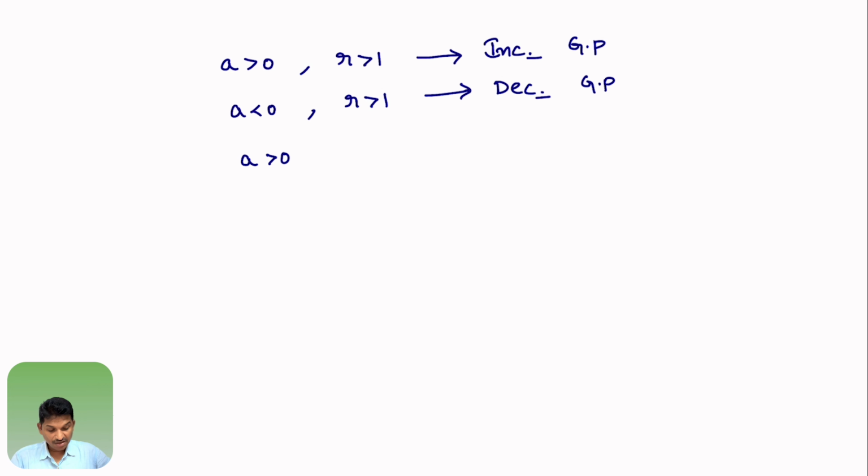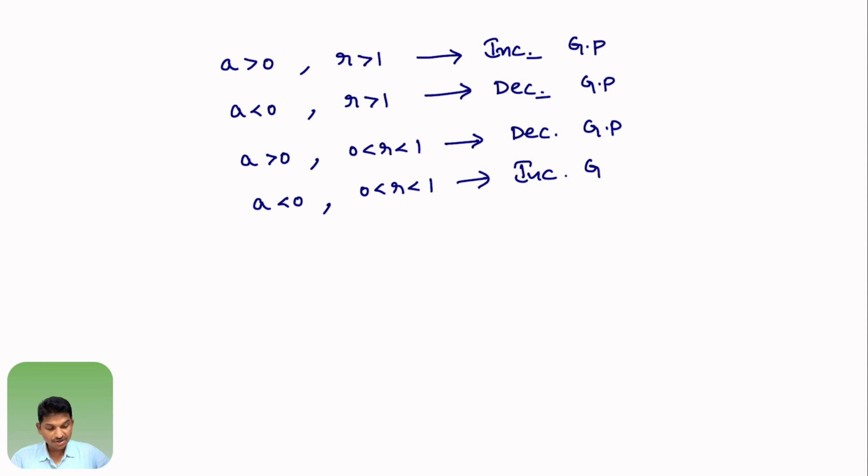Third one, A is greater than 0, R value lies in between 0 and 1. It forms a decreasing geometric progression. Fourth one, A is less than 0, R value lies in between 0 and 1. It forms an increasing geometric progression. With a little bit of practice, you can easily remember this.